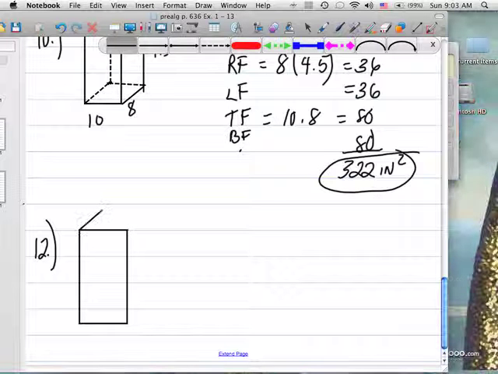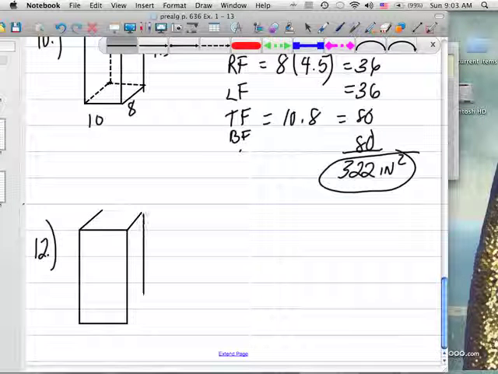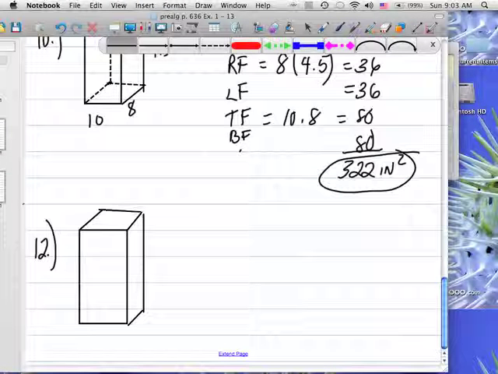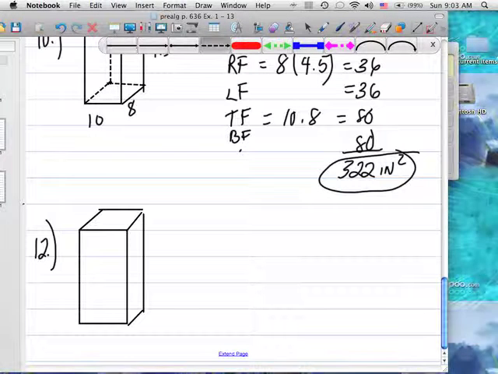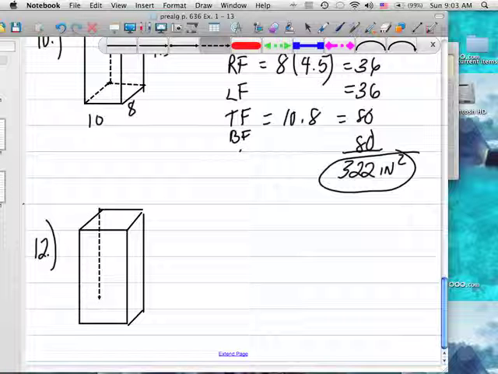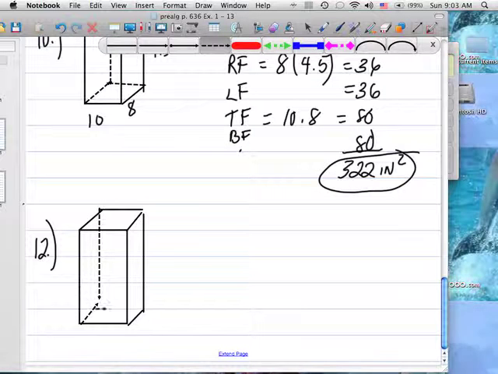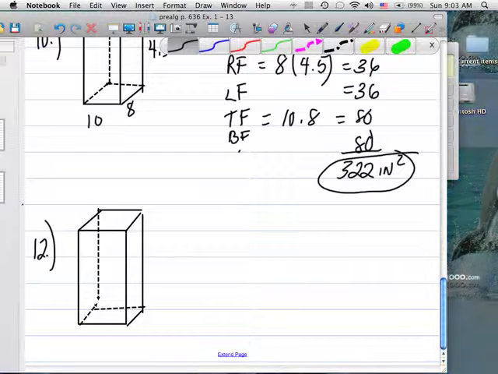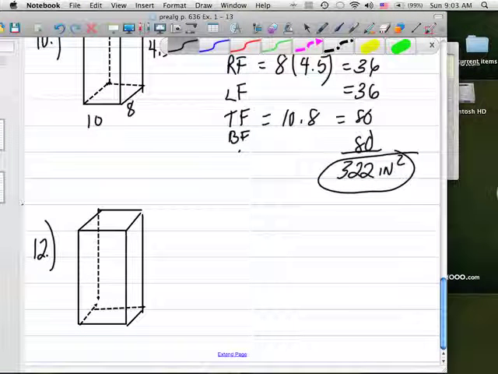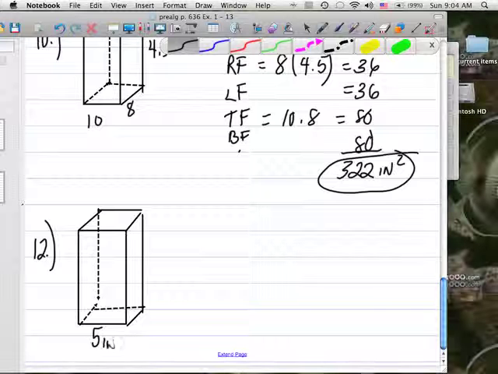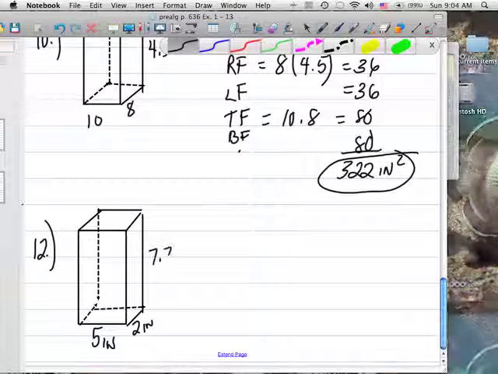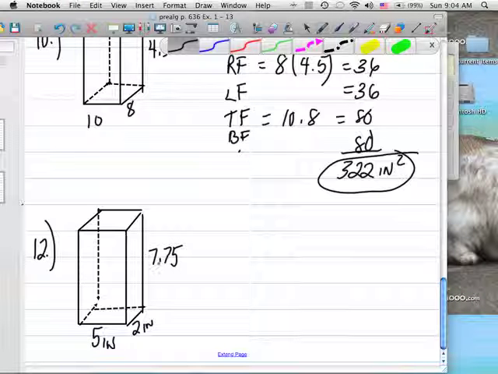So draw a picture of that, to the best of your ability, and label the values. The length of the box is 5 inches. The width is 2. And the height is 7 3/4. We can use 7.75. As long as the decimals are terminating, go ahead and use the decimals.